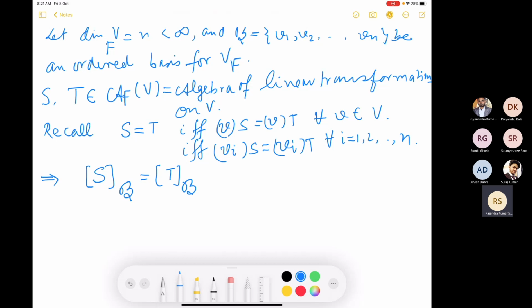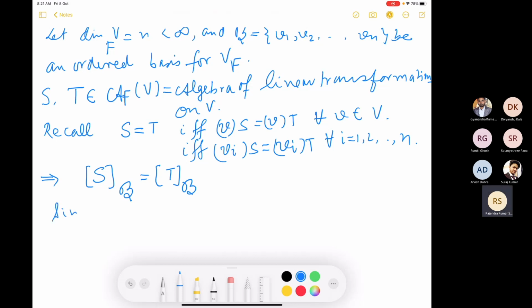And the same for ViT is done. And since each ViS and ViT are equal, the linear combinations are equal, and that will give, because Vi's are the basis vectors, that each coefficient is equal.